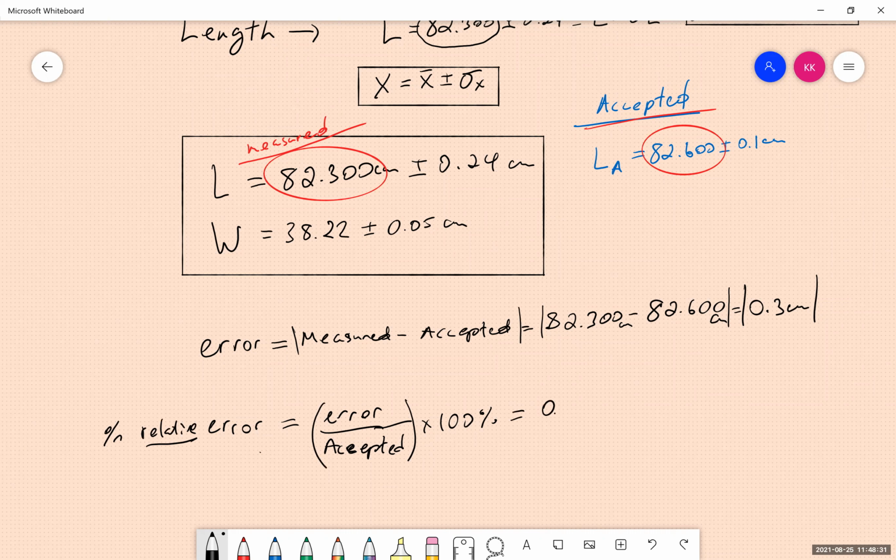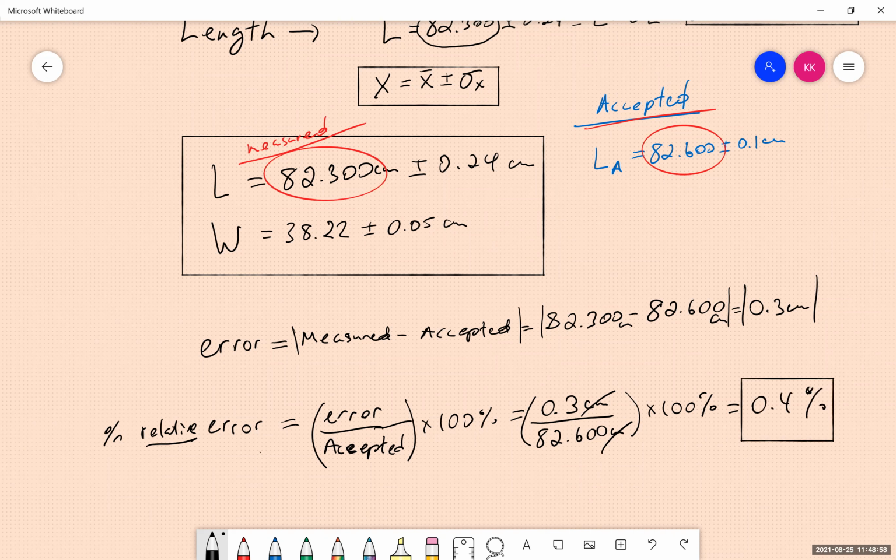So we take 0.3 centimeters, which was our error, divided by accepted, which is 82.600 centimeters, and then times 100%. See, the units cancel out because it's a ratio. So if I take 0.3 divided by 82.6, then this times 100, what I get here is 0.4% roughly.